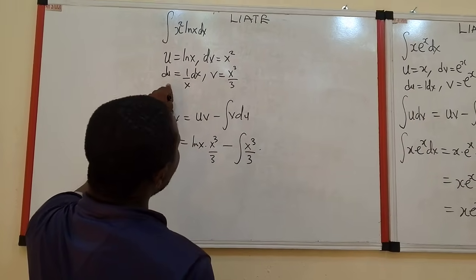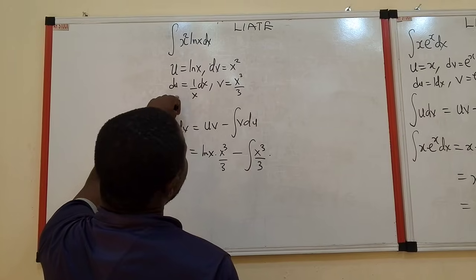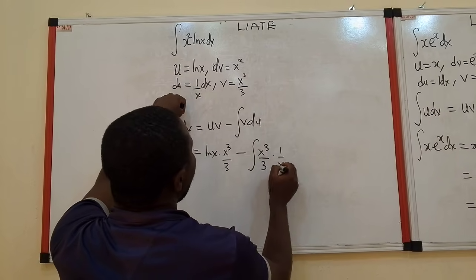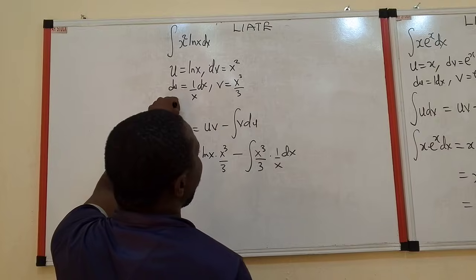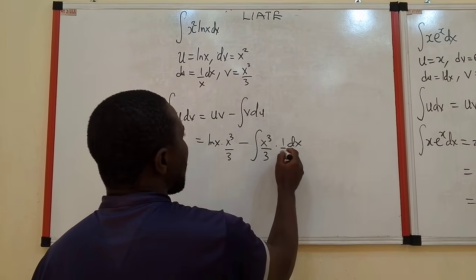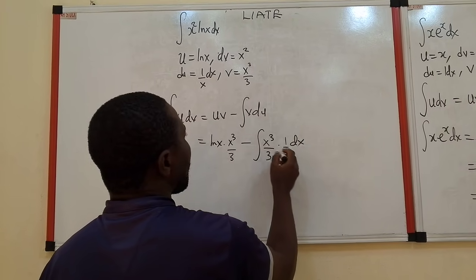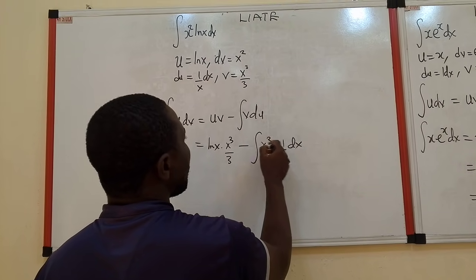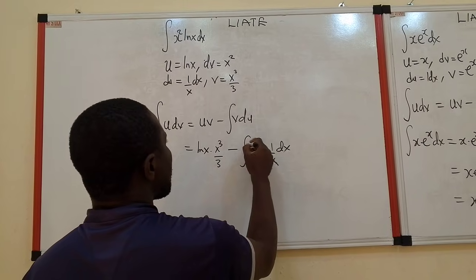What's my du? My du is what? 1 over x dx. Okay? This x here can cancel out one of the x's here.